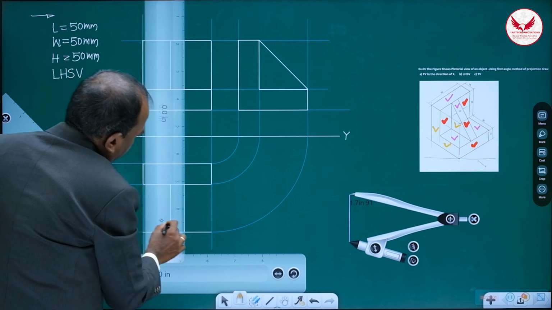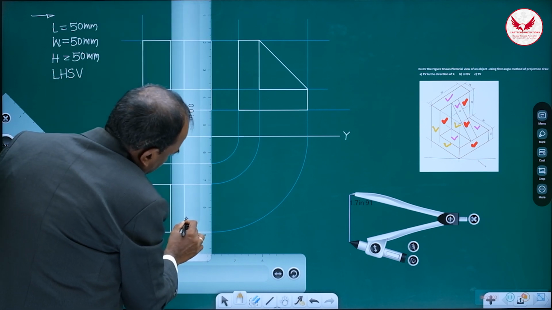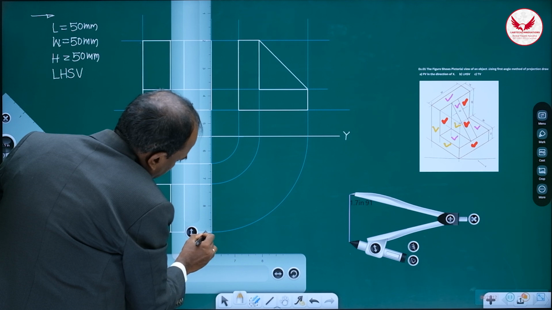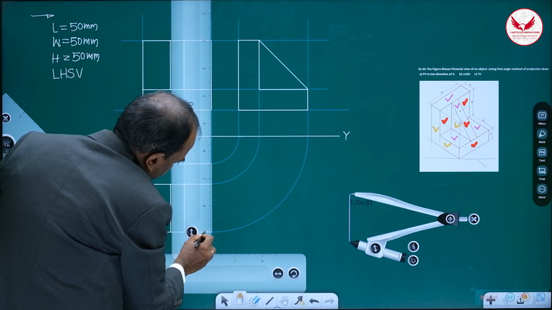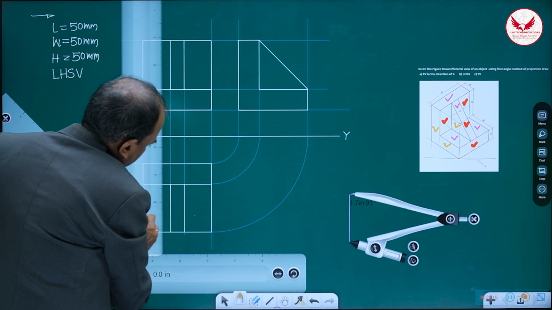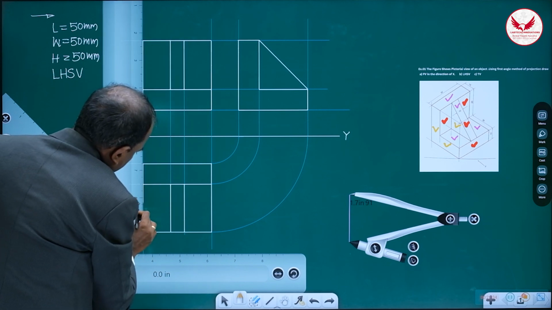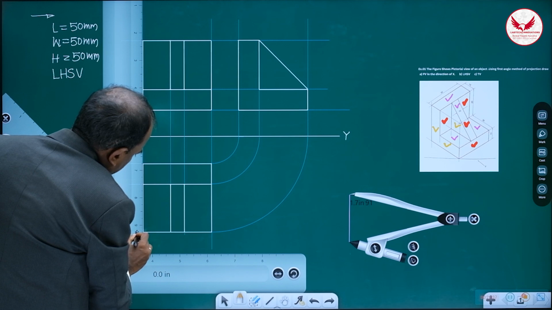Once we mark it 50, then for completing the rectangles in the top view, the lowermost portion, draw this line and draw this line. It is like this.